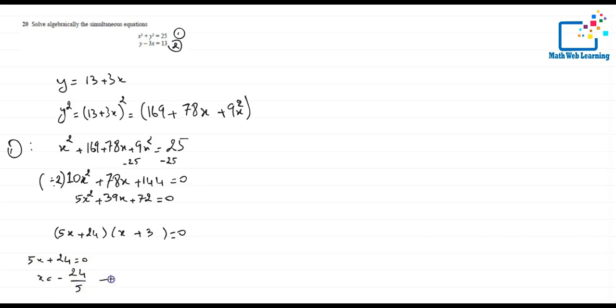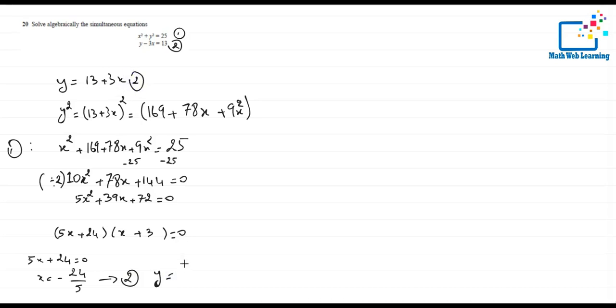Now for this one, we're going to look at the value of y. We're going to put it into equation number 2, this one here, into 2 to get y, so I apologize, in this one here.